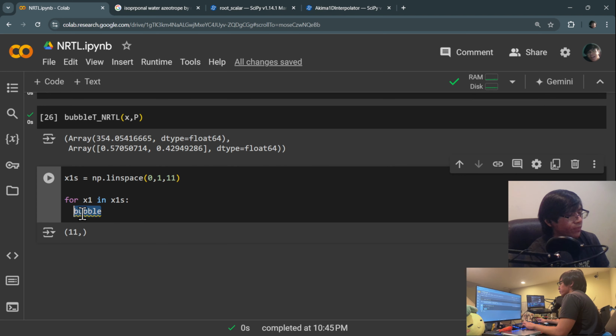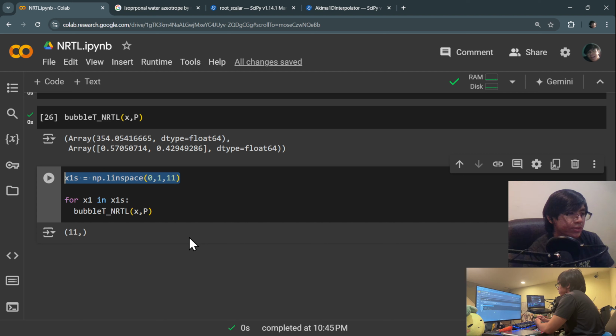So we're iterating through our, oh, I see. This is a little confusing here. X is a composition of both our components, isopropanol and water, and here I only generated components for one of those mixtures.